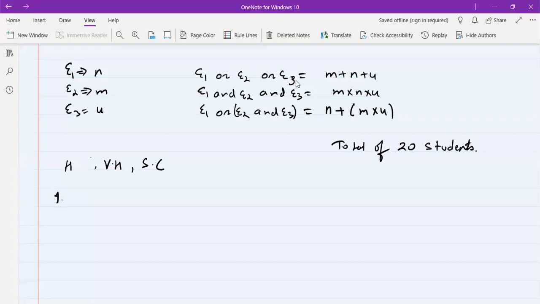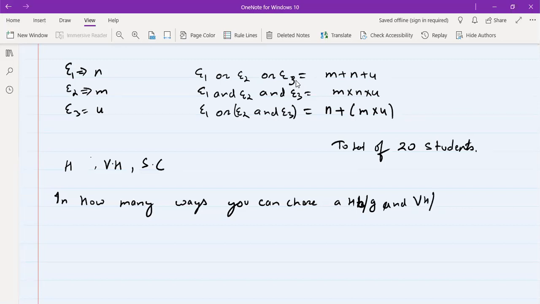Now tell me, in how many ways can you choose a head boy or girl, and a vice head boy or girl, and a sports captain?